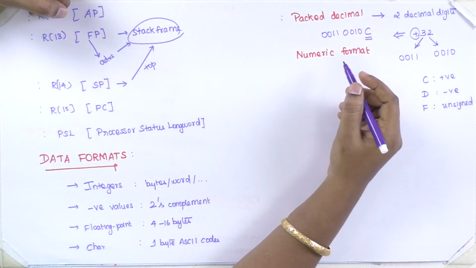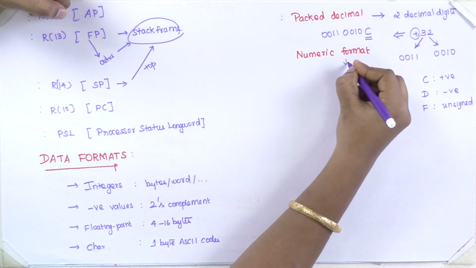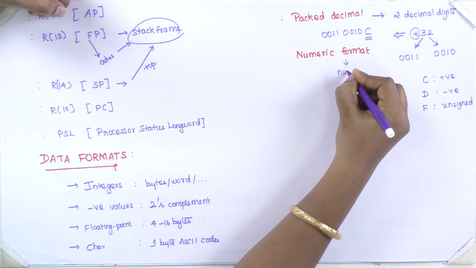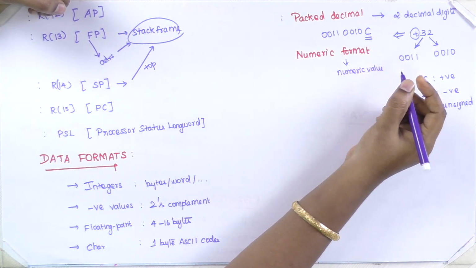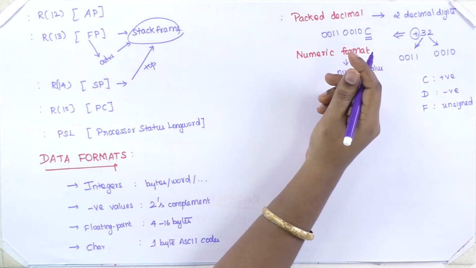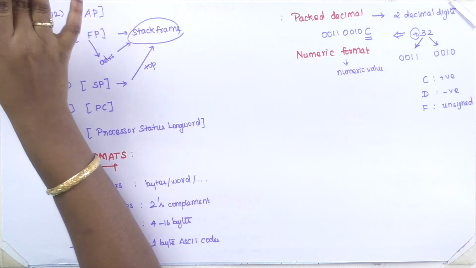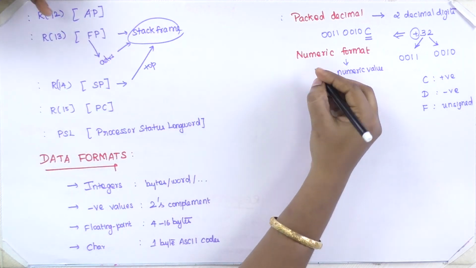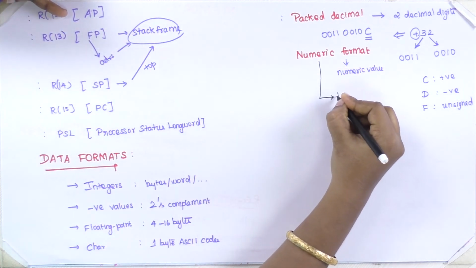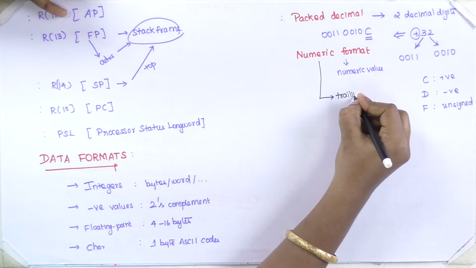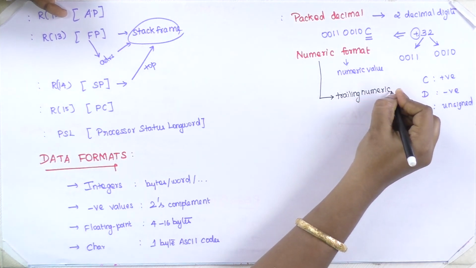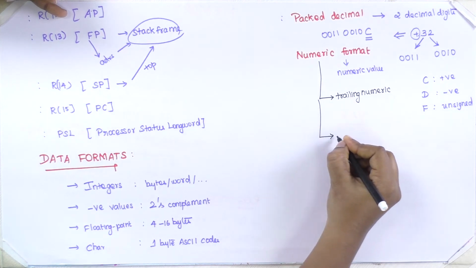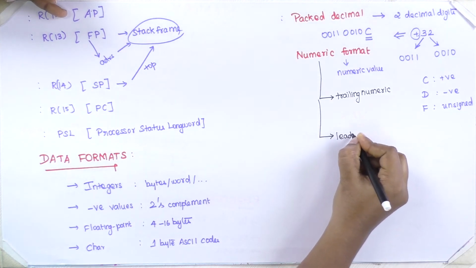Then numeric format. Numeric format is used for numeric value representation. In numeric format, we have two types: trailing numeric and leading separate numeric.